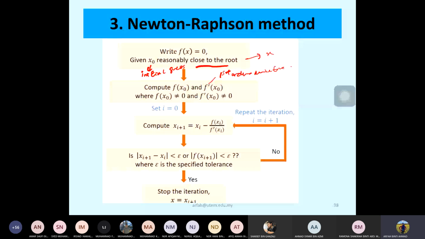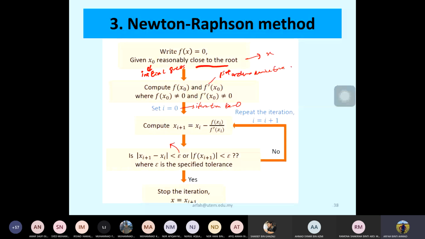So set I equal to 0 meaning that your iteration ke kosong, the first iteration, then kita akan compute xi plus 1 akan sama dengan xi minus f xi over f prime xi. So repeat the iteration up until xi plus 1 minus xi less than error, meaning that kita akan ambil forward value minus the current value, dia mestilah lebih kecil daripada error yang ditetapkan.